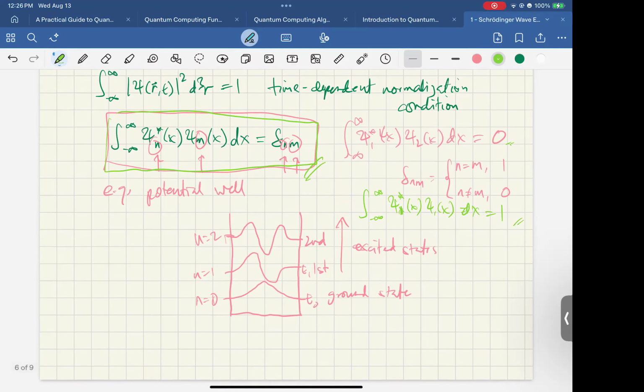So para lang mathematically compact yung pagsulat nung normalization condition. Okay, so any questions?